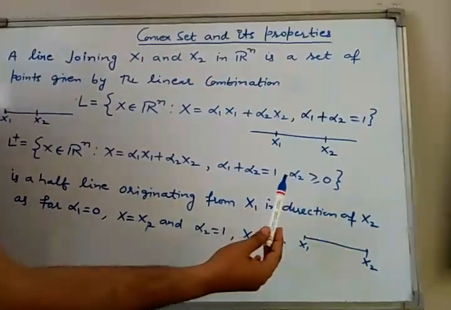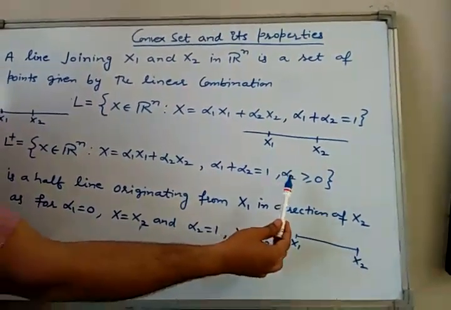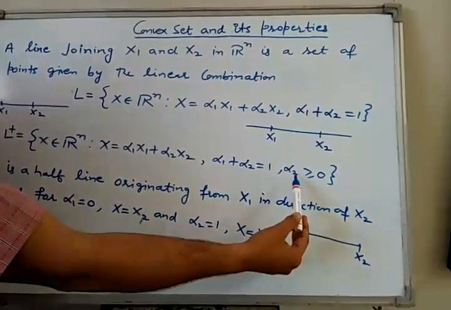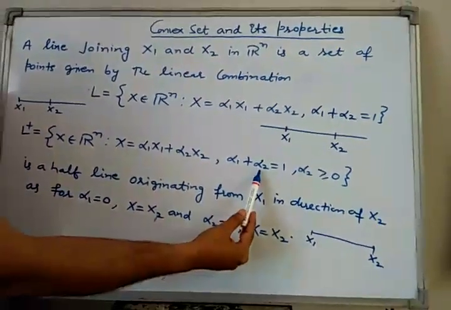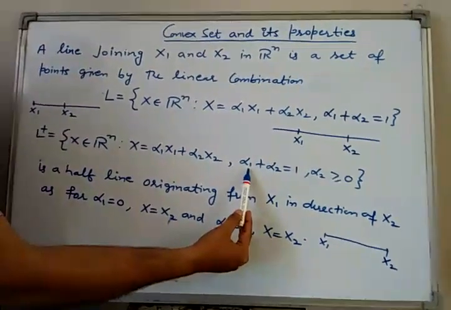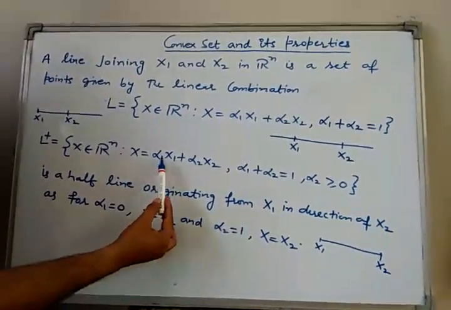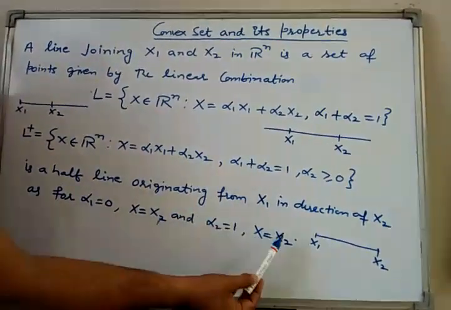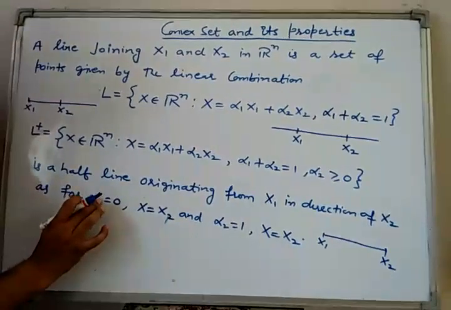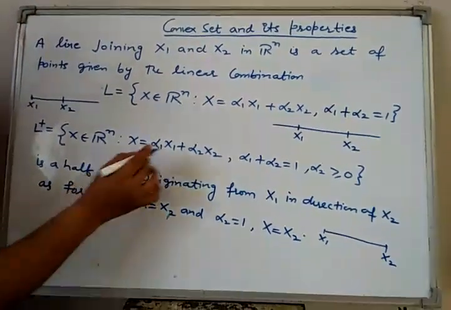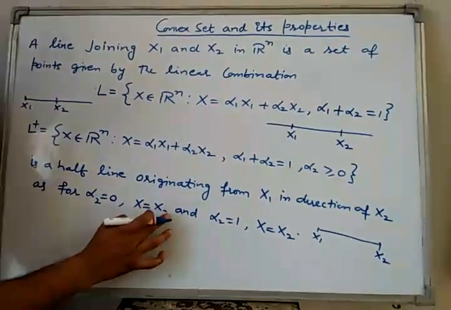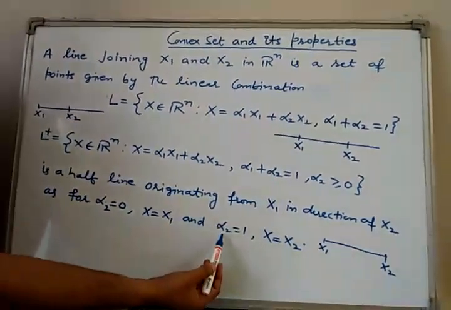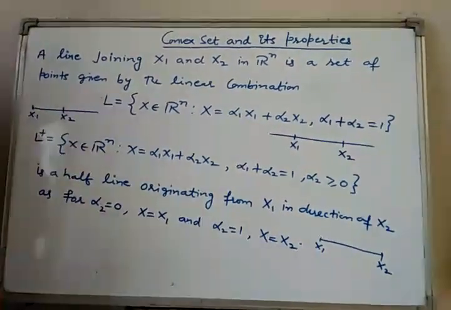If we take the next value of alpha 2 equal to 1, that means alpha 1 equal to 0, and we get the point x equal to x2. When alpha 2 is equal to 0, alpha 1 is equal to 1, we get x equal to x1. And when alpha 2 equal to 1, we get x equal to x2.